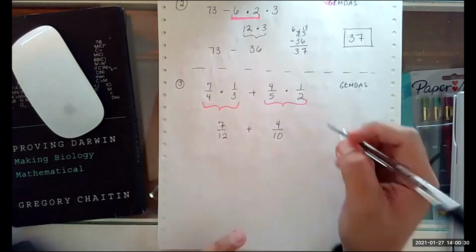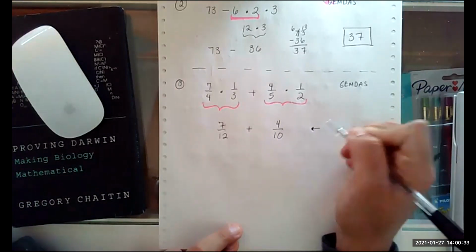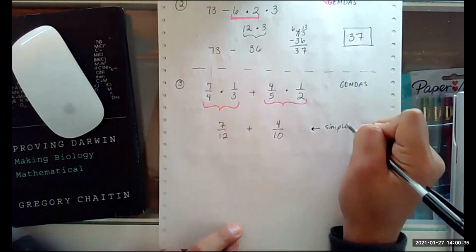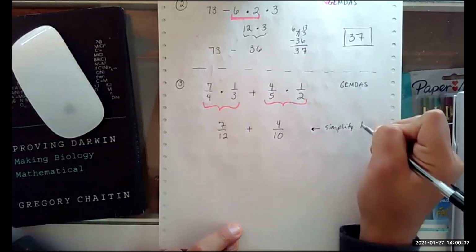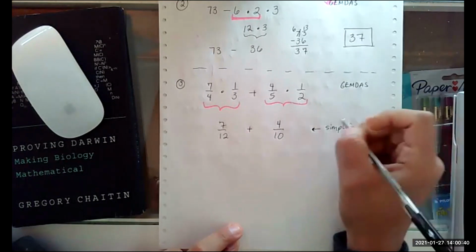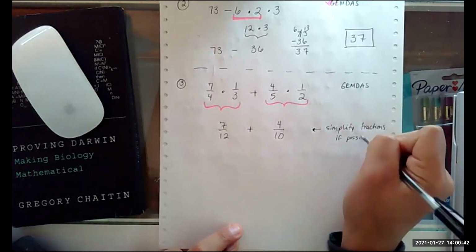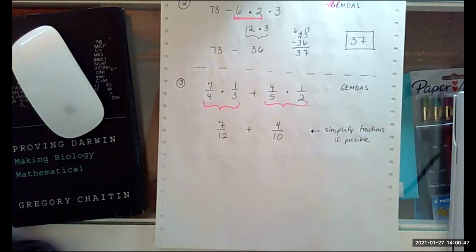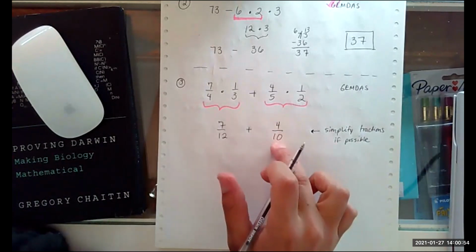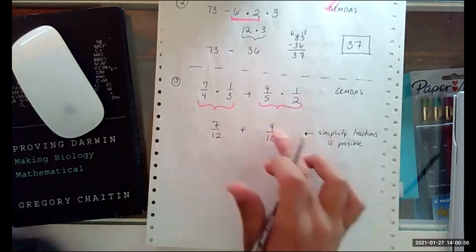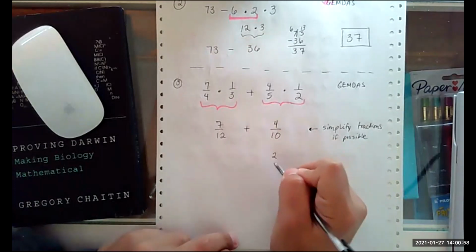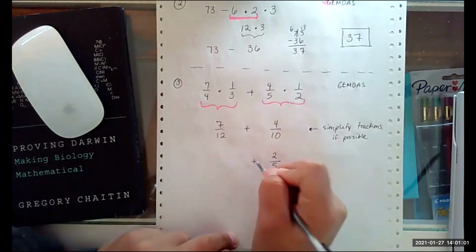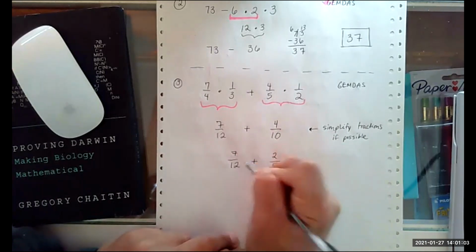Once you get some fractions, you should simplify them if possible. You could do this at any stage in the order of operations because we're just changing what the fraction looks like, not the value. So it doesn't affect our order of operations. This one right here, I can reduce to 2 over 5. So I'm going to go ahead and take care of that first.